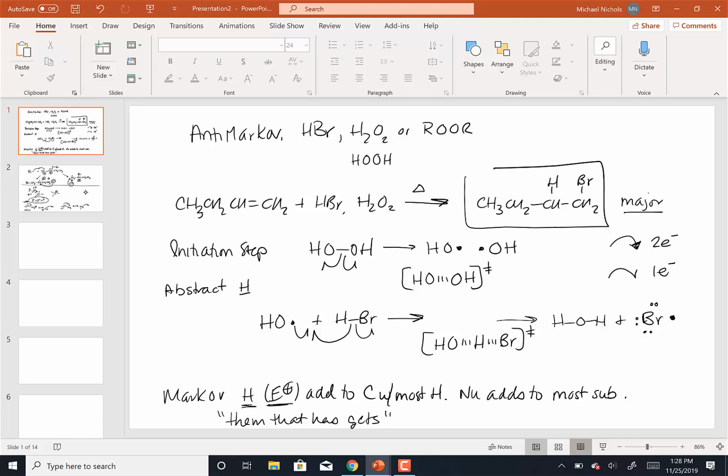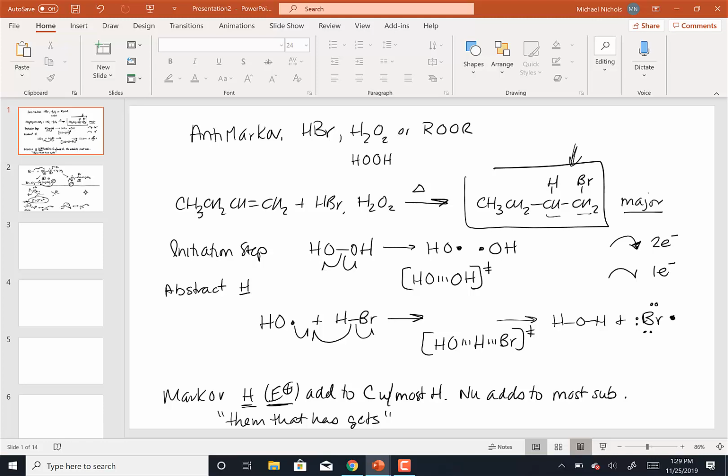That's another way to restate Markovnikov's rule. So the hydrogen or the E plus always adds to the carbon in the double bond with the most hydrogens. The nucleophile adds to the most substituted carbon, and in a Markovnikov addition, we form a carbocation. The carbocation is going to be most stable when it is attached to the carbon that is most substituted. The carbon with the most hydrogens, by definition, is not the most substituted. So that's Markovnikov addition. Up here, the hydrogen added to the most substituted, the bromine added to the carbon with the most hydrogens.